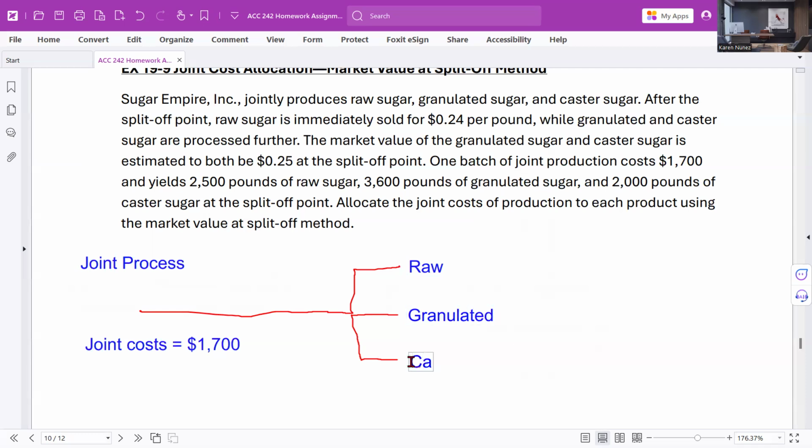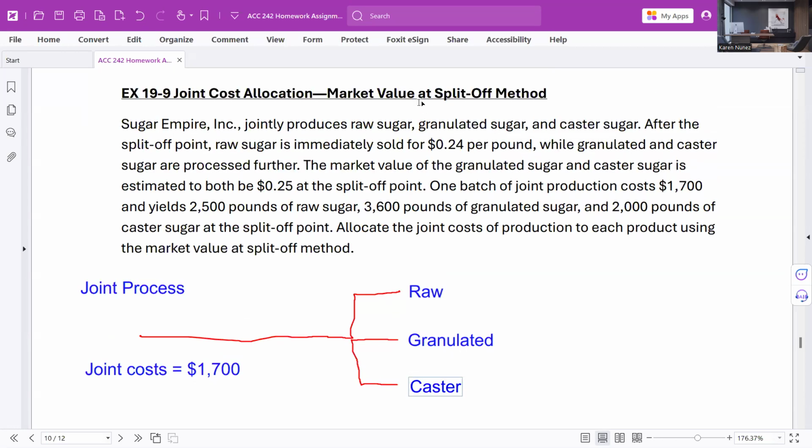Those are the three products, three different kinds of sugar. So they put the sugar cane into the process, and they process the sugar cane, and a batch costs them 1,700, and they end up with sugar that is raw, sugar that is granulated, and sugar that is classified as castor sugar.